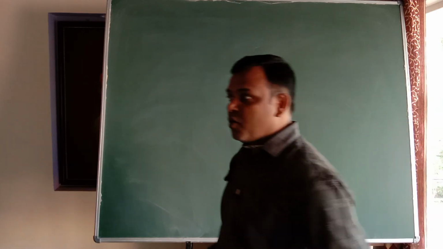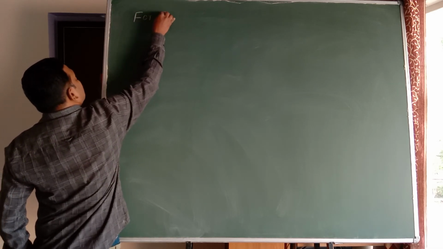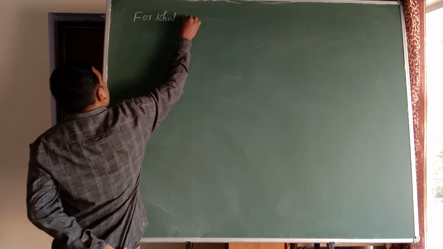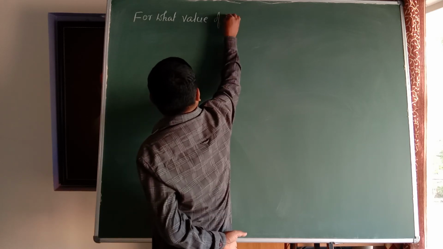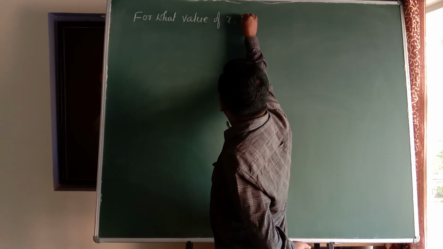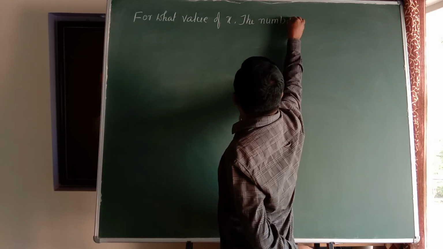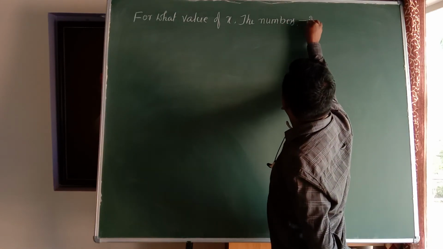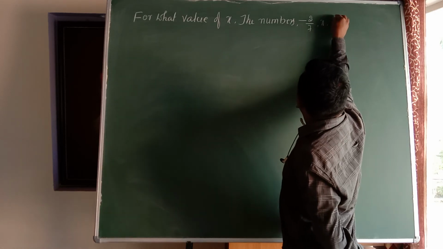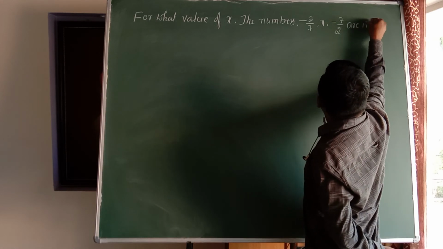The question is, for what value of x are the numbers minus 2 by 7, x, minus 7 by 2 in GP?